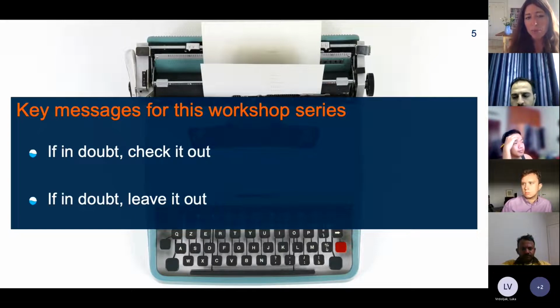So if you think something can be gotten rid of, it's not essential to your argument, then don't hesitate, just cut it. So those are the two messages that I seek to put forward in this workshop.